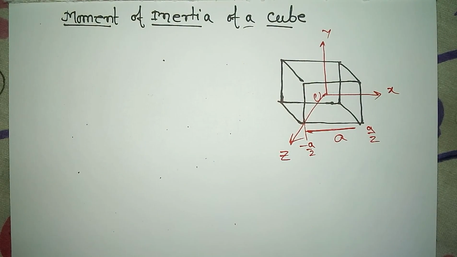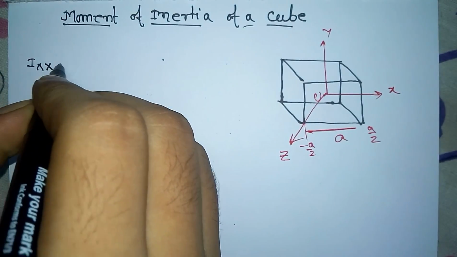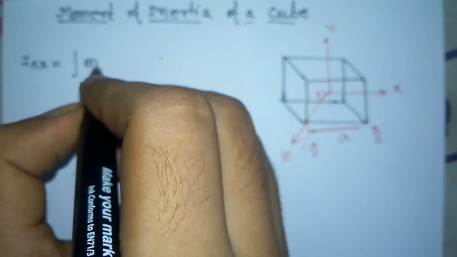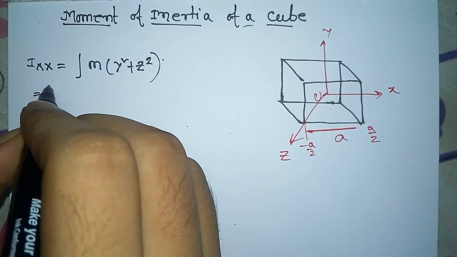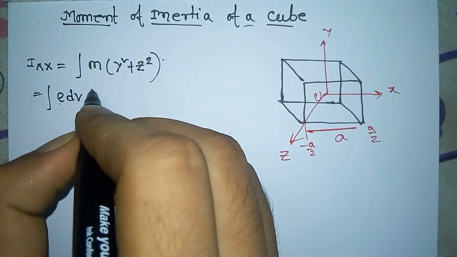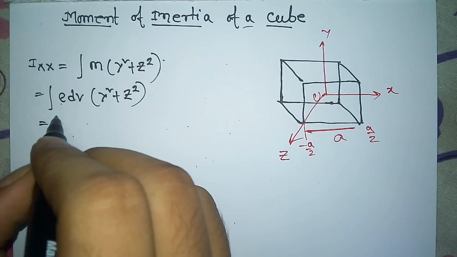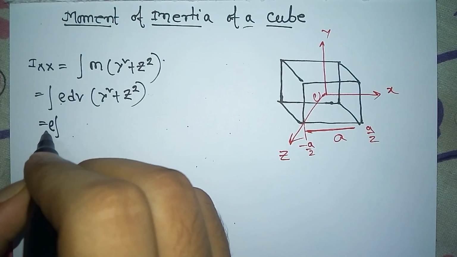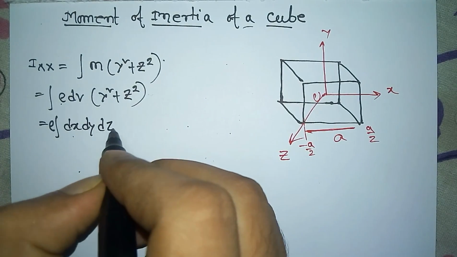Now the moment of inertia Ix equals the integration of m into (y square plus z square). The value of m is rho into dV, density into volume, into (y square plus z square). Rho is constant, so it comes out of the integral. dV equals dx into dy into dz.